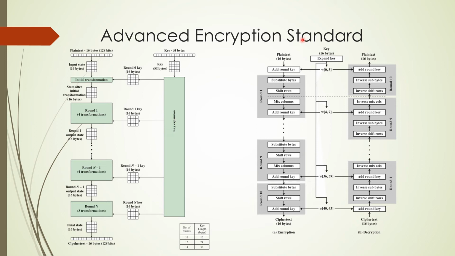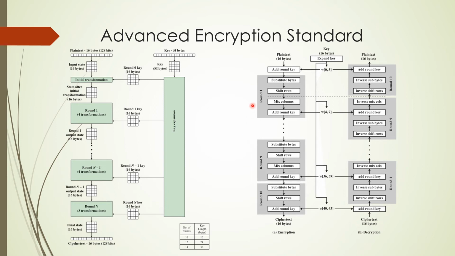Here in this slide, I have shown you the detail of AES when the key length is 16 bytes or 128 bits. But if the length of the key increases, then the number of rounds will increase. The number of rounds becomes 12 and 14 for the mid-size and longer key length. So it would be more secure, but it's going to be a bit slower to do encryption and decryption.